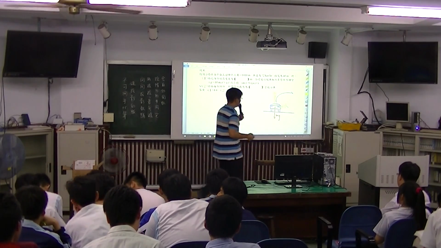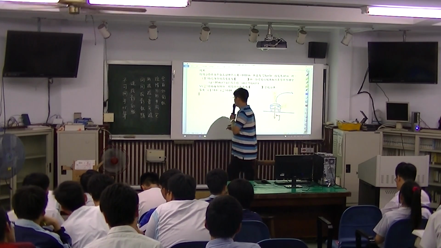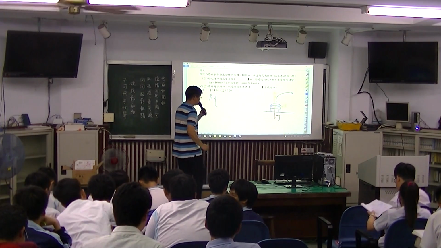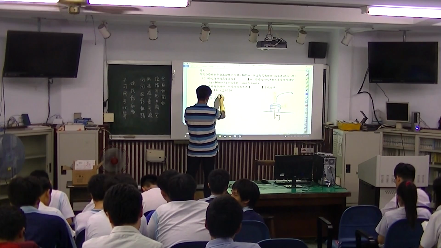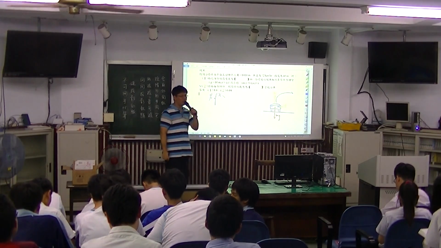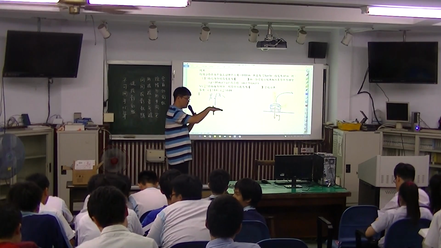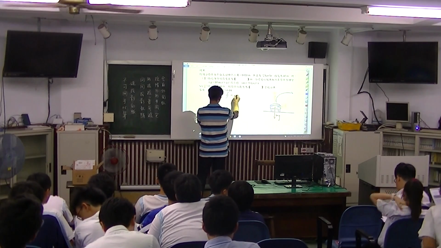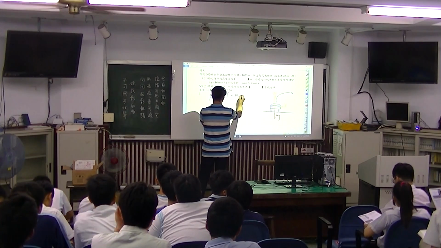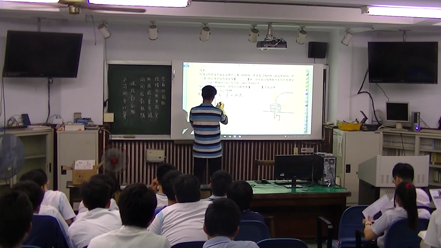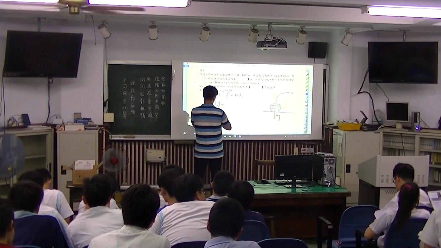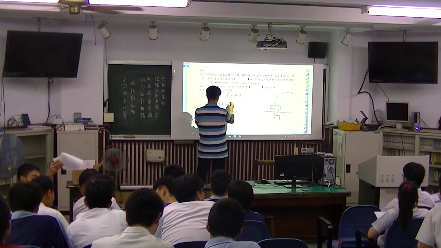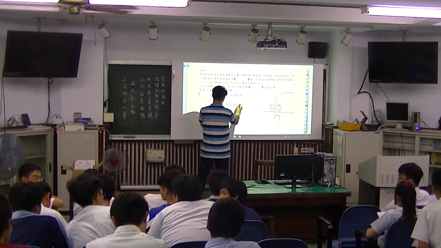So we can get the equations. On the car, the horizontal direction will provide the centripetal force, and the normal force equals the gravitational force.